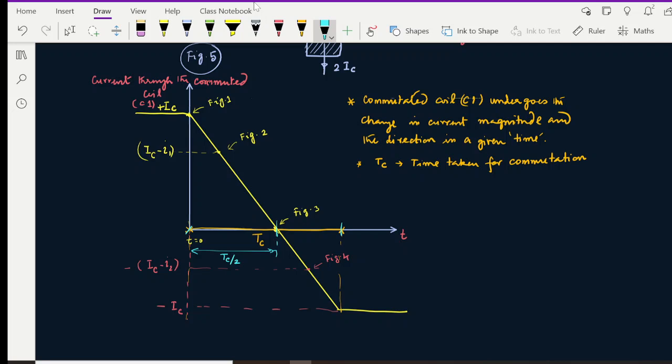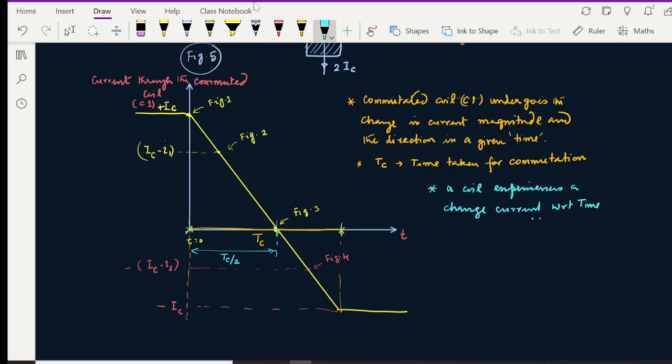So now, whatever we have seen is something very smooth, and there is a changeover in the current of coil 1 from plus IC to minus IC. But the background story is, we can see a coil experiences change in current with respect to time.